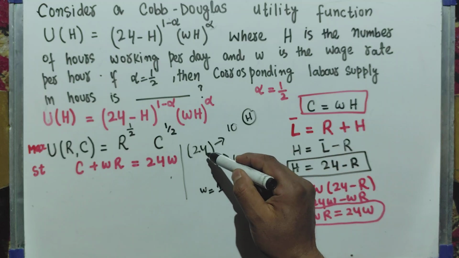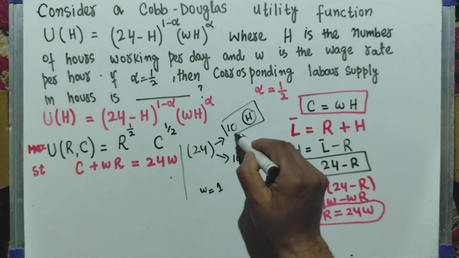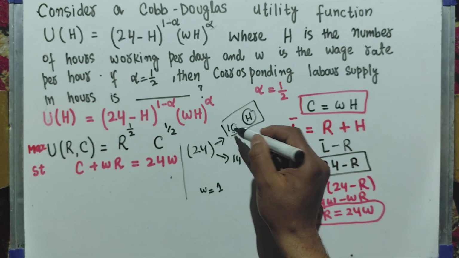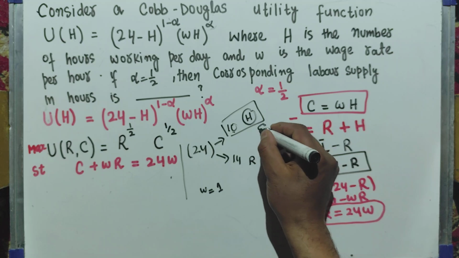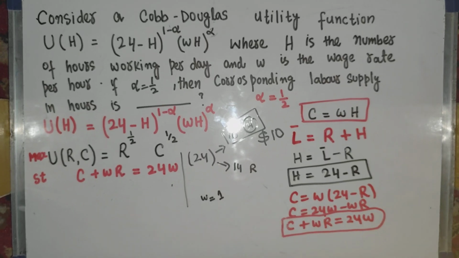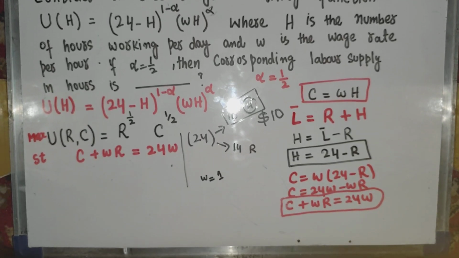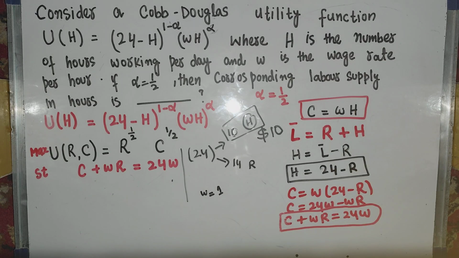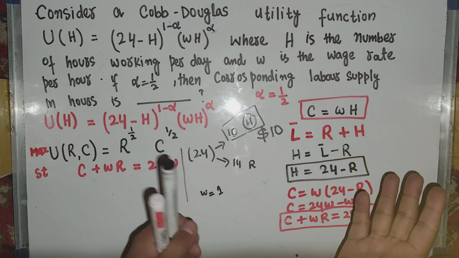So if he is working, 10 times the wage rate of 1 will be equal to 10, so he will earn $10. I hope it is visible to you.